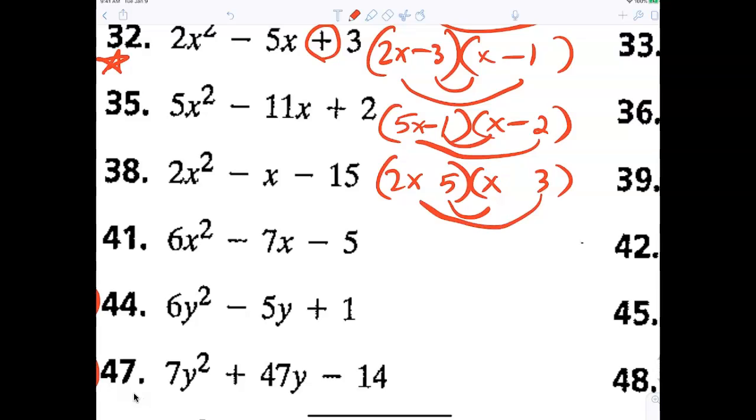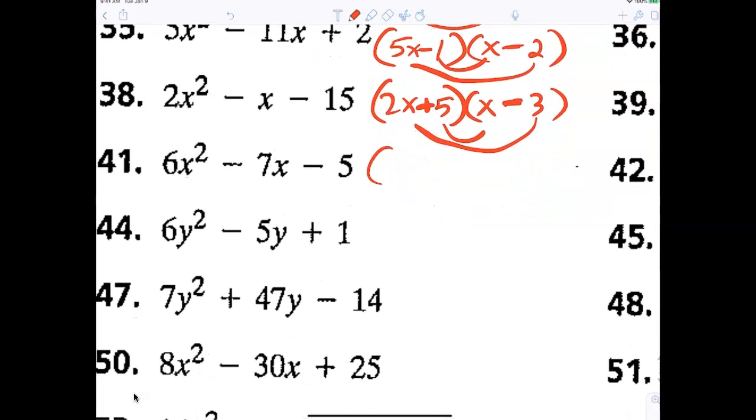And 5 and 6 can make negative 1 if the 6 is what? Positive. No, negative. I want the 6 to be negative and the 5 to be positive. All right? Factors of 6x squared now. Help me. 2x and 3x. Factors of 5. So where does the 5 go?